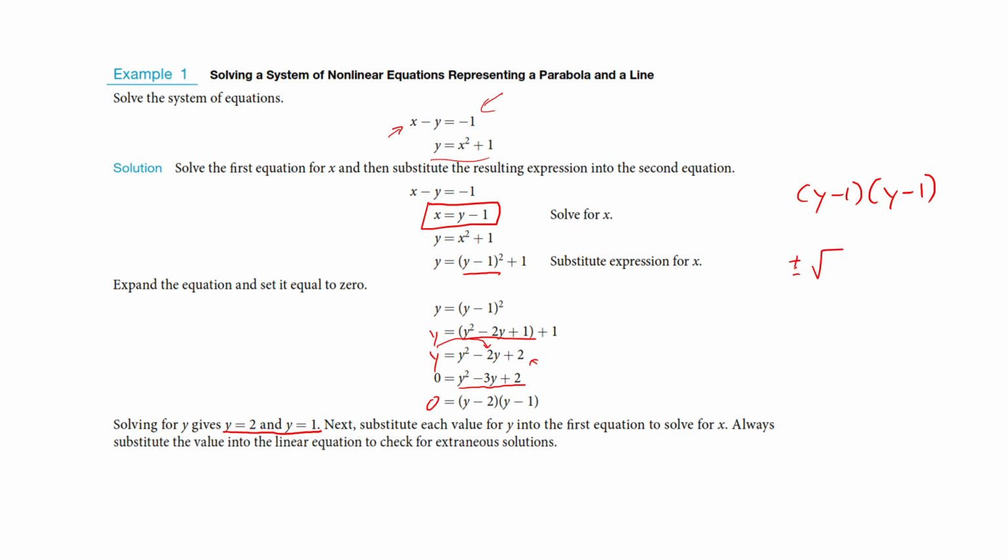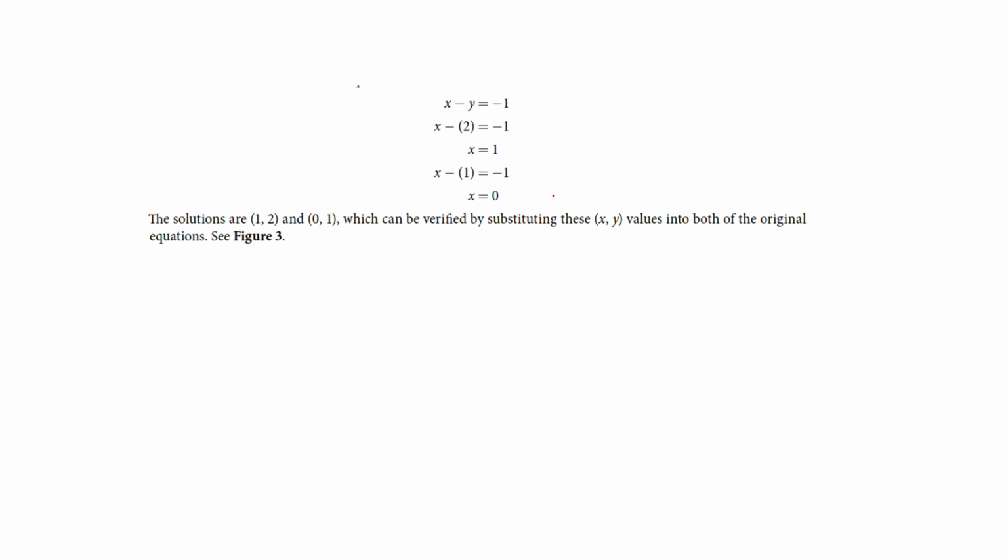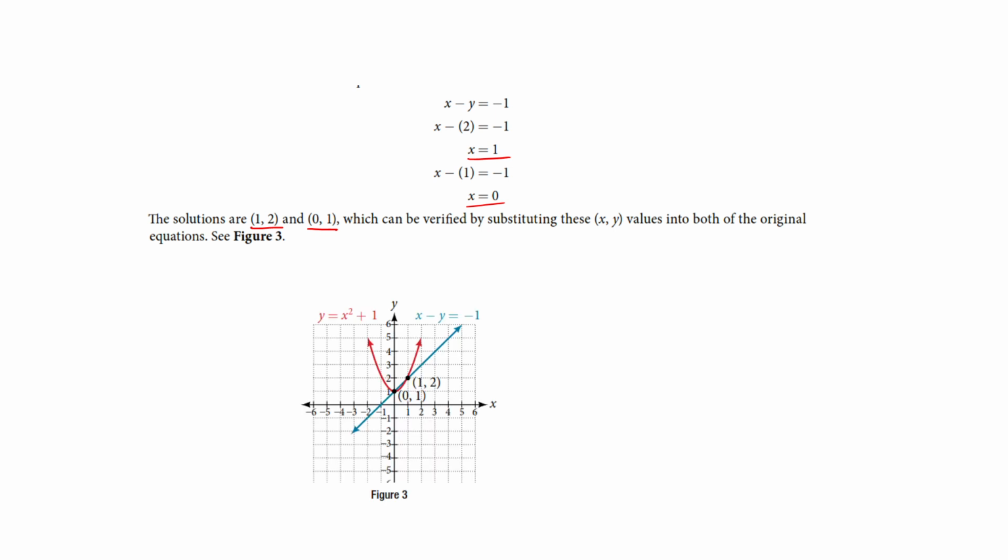Anytime we're dealing with the plus or minus, perhaps one of them isn't the case. So we could double check this by plugging these back in to the original equations, and we get x is 1 and x equals 0. So these are two valid solutions. We could double check them if we wanted, but it is going to turn out to be true, and our graph looks something like this, where this line has hit the parabola in these two locations.